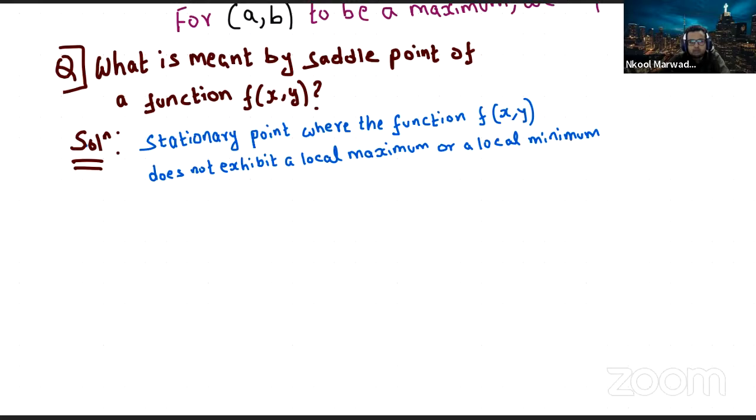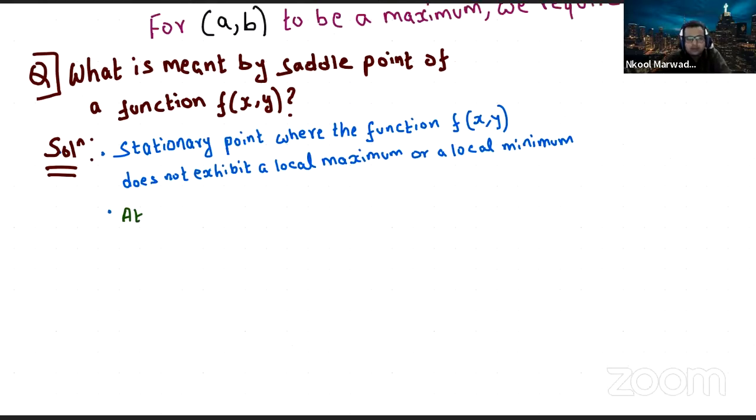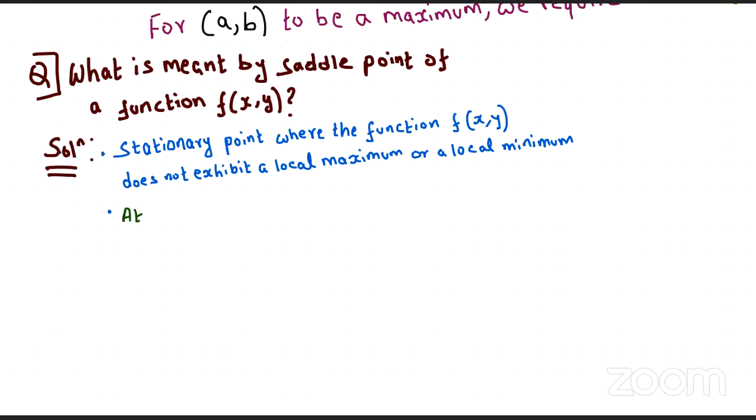Second, at a saddle point. Because for 3 marks, you can understand that if you just write this one point, how can we get 3 marks? It's not possible, isn't it? That's the purpose of this class.